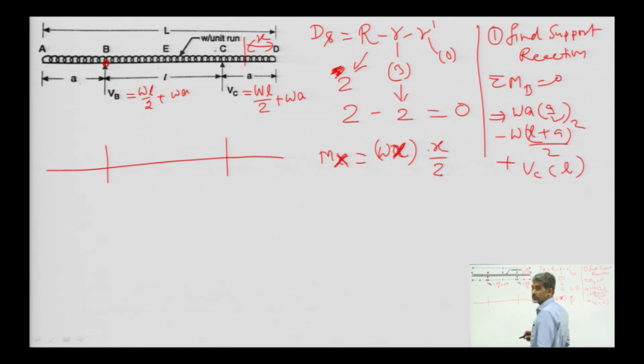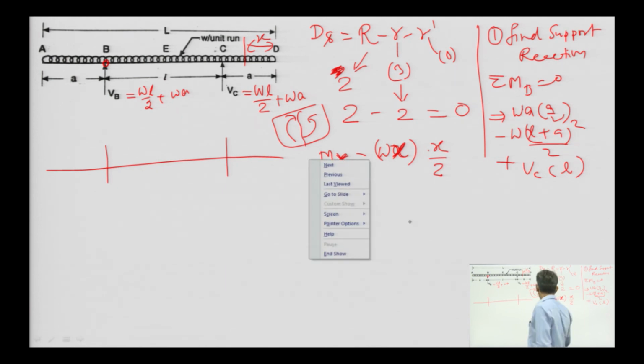And what sign convention do we have to follow? This sign convention we have to follow. If I am taking this section for the right hand side, anti-clockwise has to be taken, so that sign will be negative.